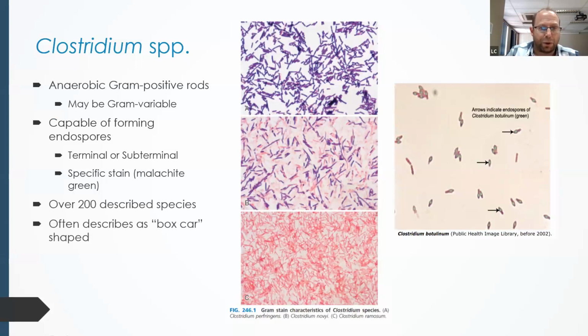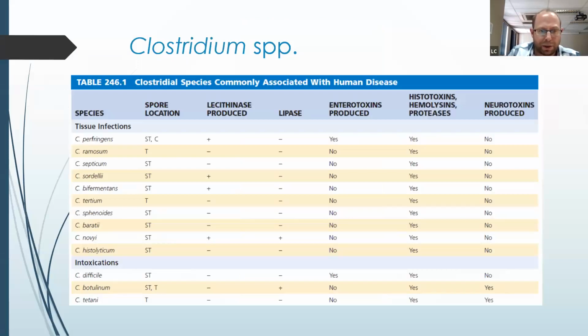At least your Clostridium perfringens is often described as a boxcar shape. That's this top panel over there, which is a characteristic shape which suggests potentially that disease. They're ubiquitous in nature. They're found all over the place in other mammals, in other animals, and in the soil. Most are obligate or strict anaerobes. Again, there are a number of species and ways in which they can be identified, and the mechanism by which they cause disease, or some of the pathogenesis, or some of the virulence factors.